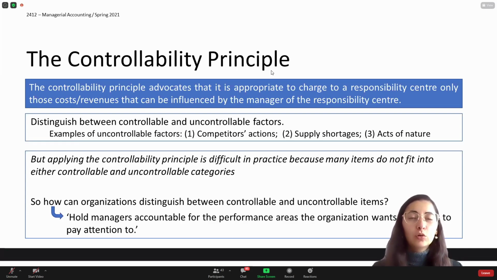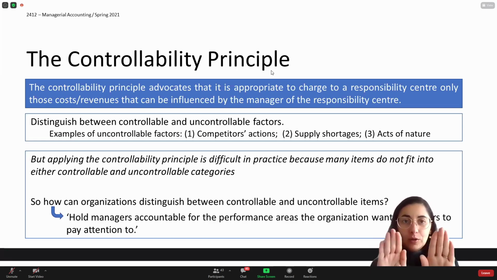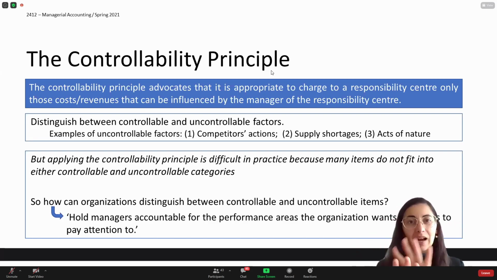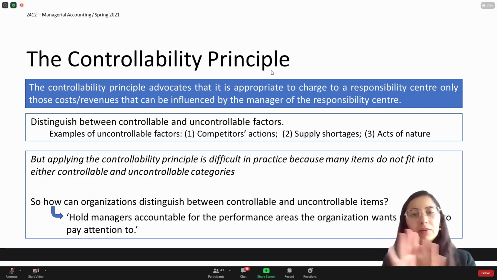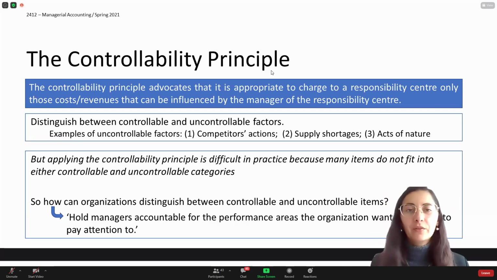But applying the controllability principle is difficult in practice, because we have some categories of cost or revenues. It's not always black and white. You remember the first lesson? So it's there in a kind of gray area. It's more or less controllable, but maybe it's also a little bit uncontrollable. For instance, let's imagine a car manufacturer.